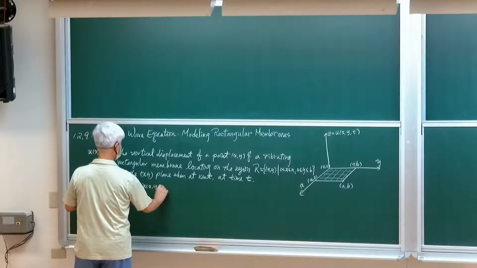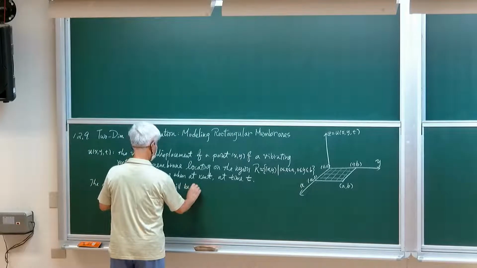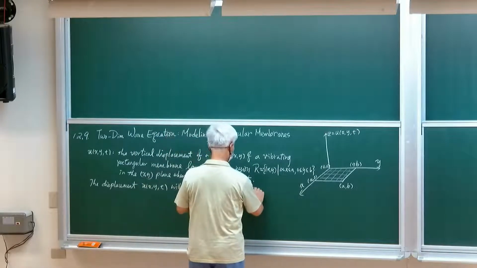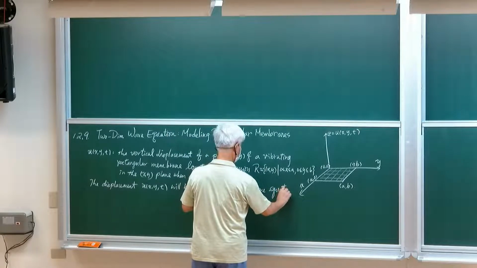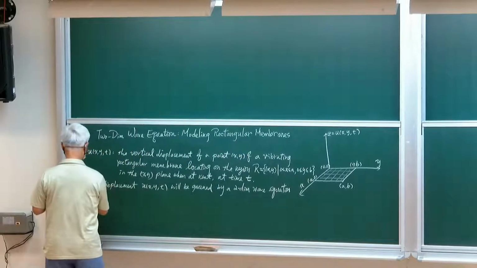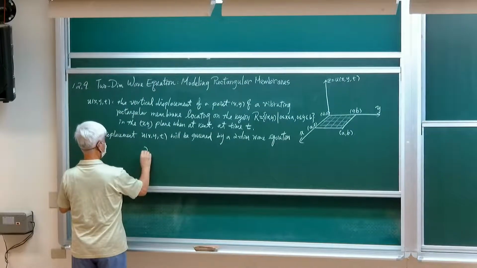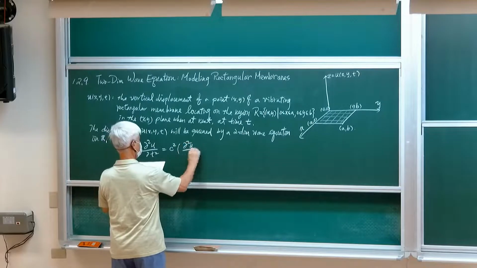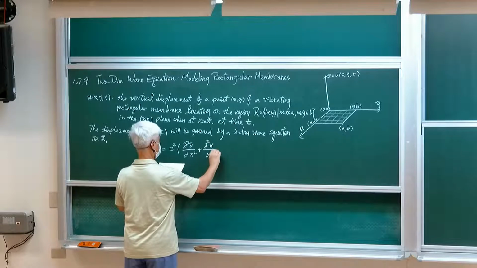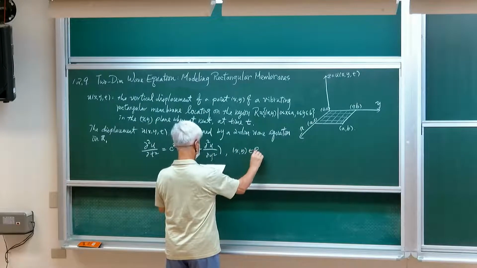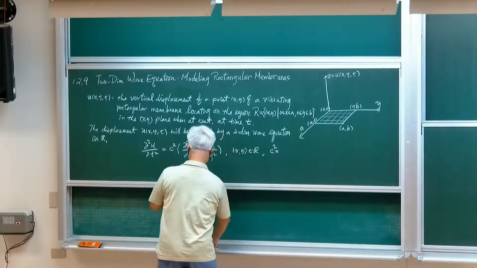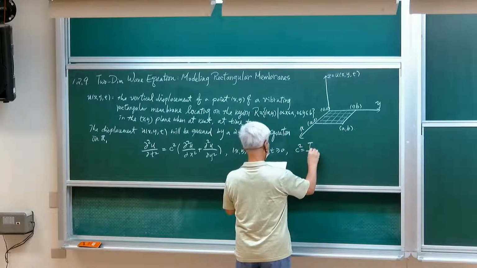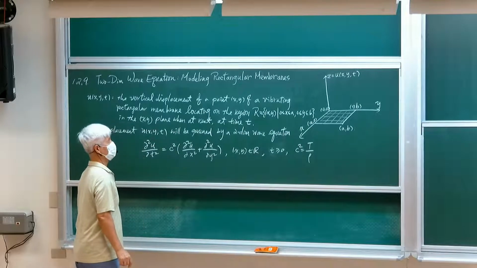u of x, y, t will be governed by a two-dimensional wave equation on R, equal to c squared times the Laplacian. Here c squared is equal to T over rho.